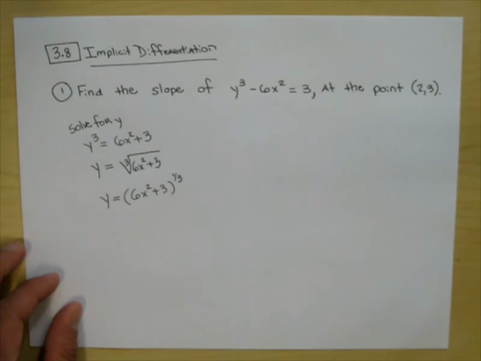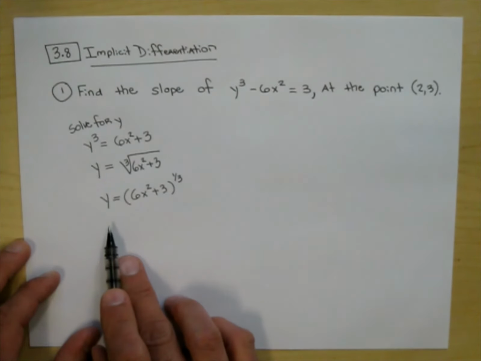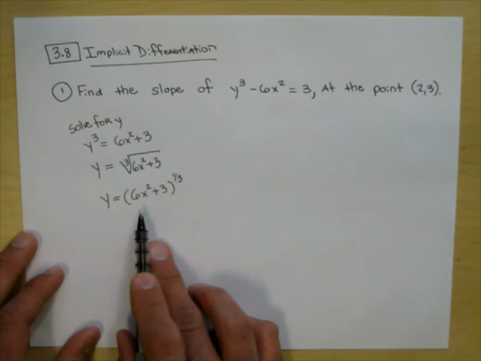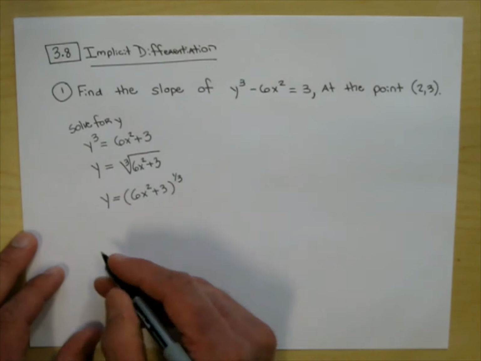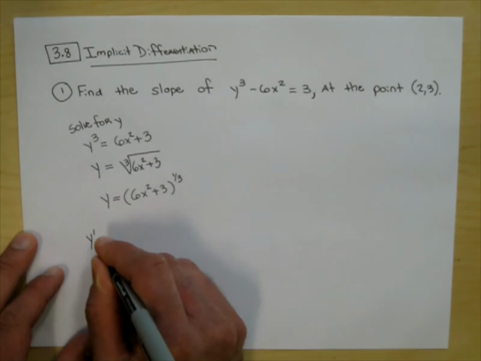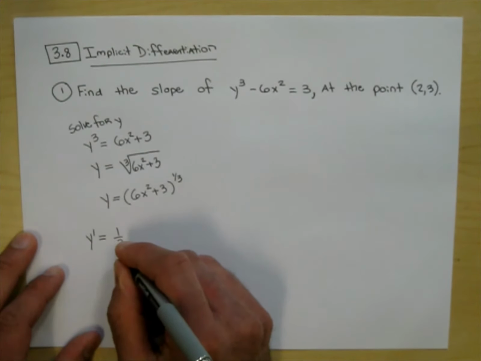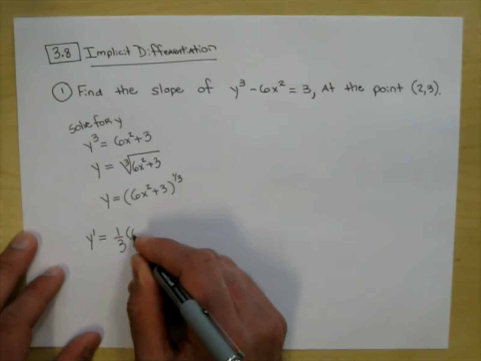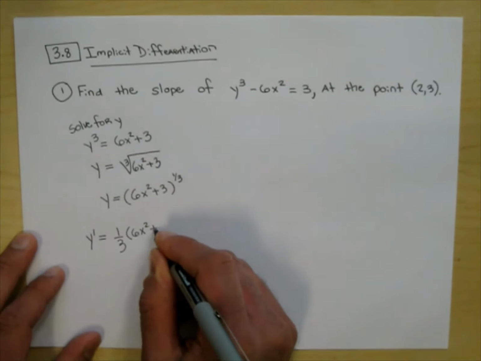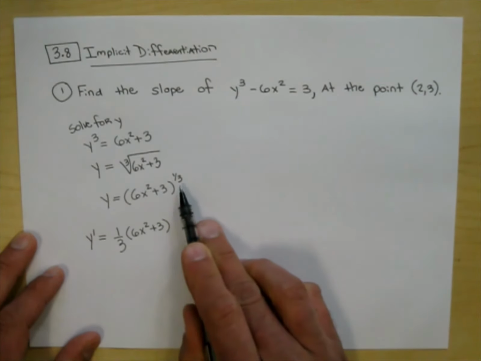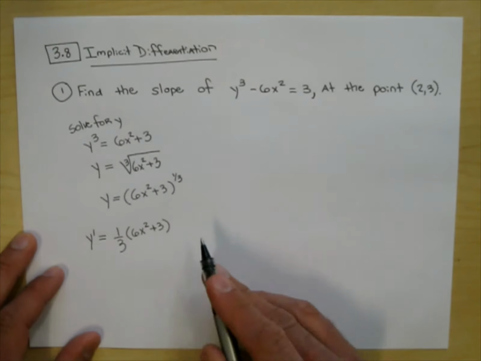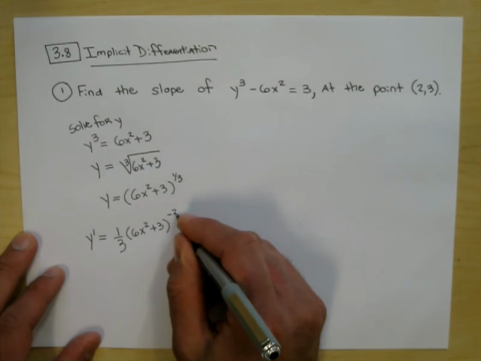Now it's time to take the derivative, and we're going to use a little chain rule here. The derivative of something to the 1/3 power is 1/3 times that something to the 1/3 minus 1, which is -2/3.